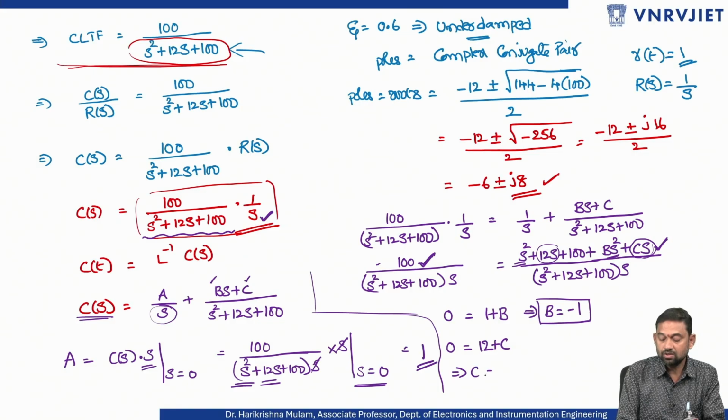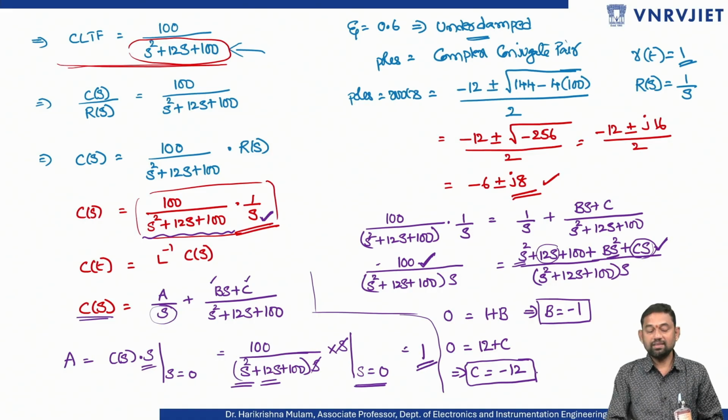Therefore, c is equal to minus 12. Like this, you need to find residues a, b, c in order to get the partial fraction for the C of s expression.